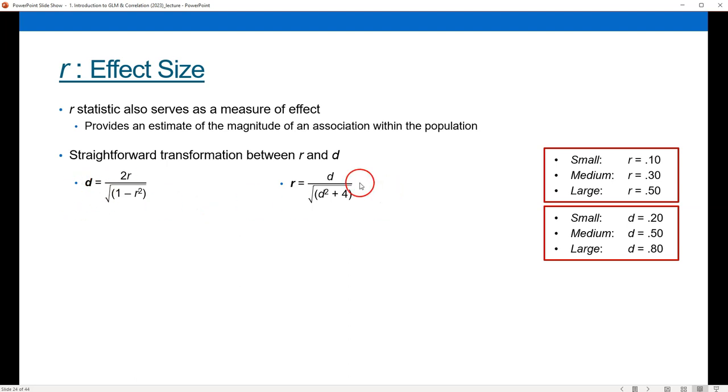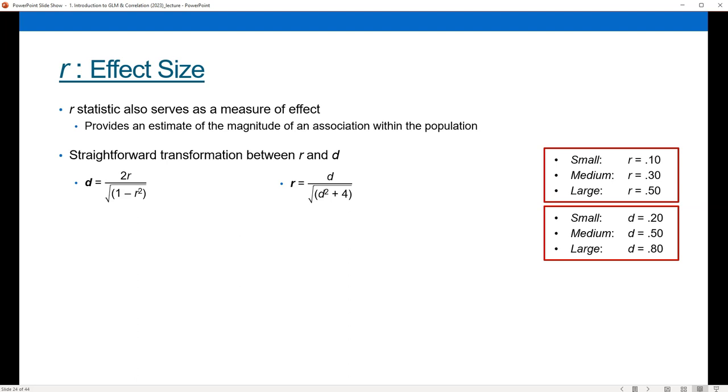Alternatively, if I have a d, I can turn that into a Pearson r: take d over the square root of d squared plus 4. We'll go back and forth. Okay, and really the only thing that determines which of these metrics you want to use is the research question at hand.